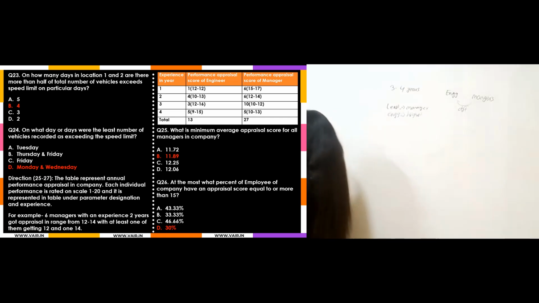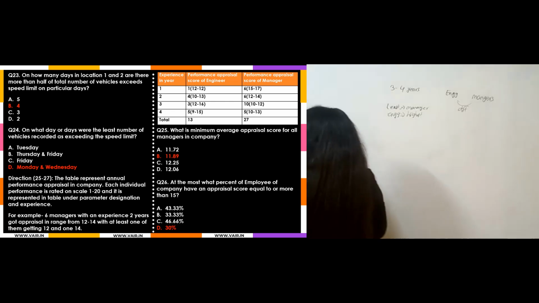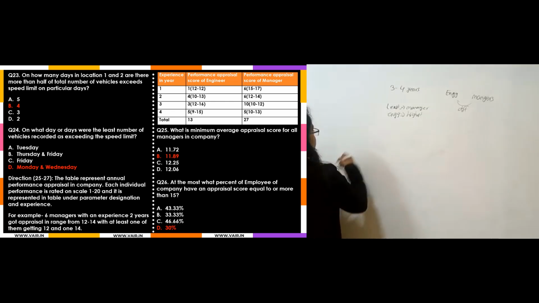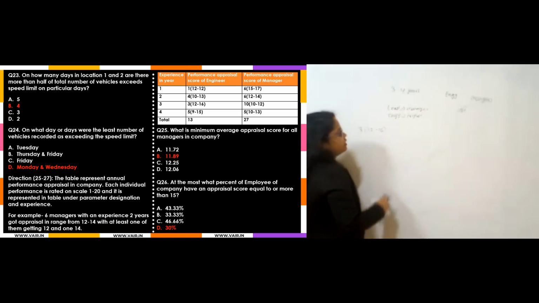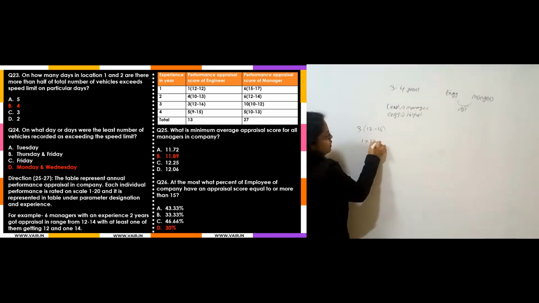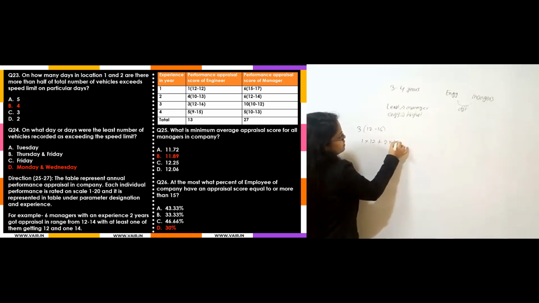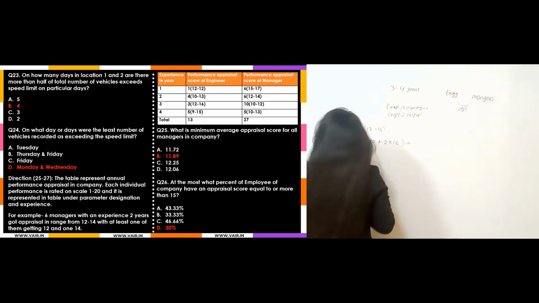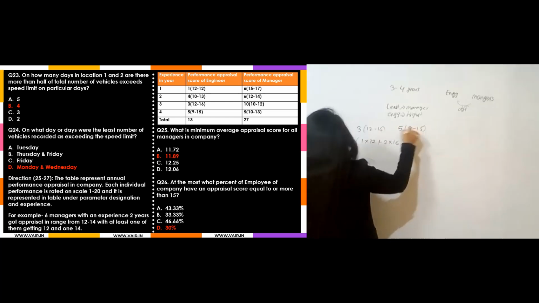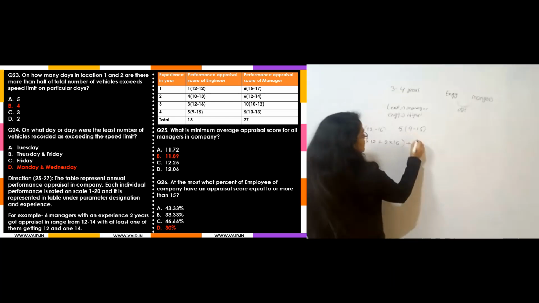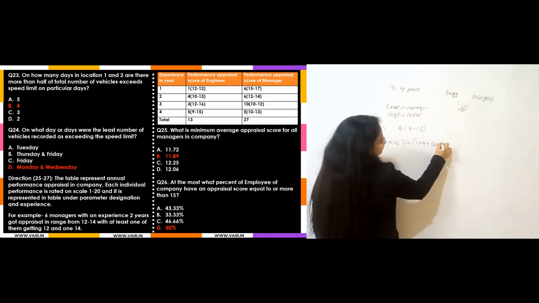So for the 3 and 4 years, you can see for the engineer, what is the average? For 3 years, it was 3, 12 and 16. I need a maximum for the engineer. That means one member gets 12 and the remaining 2 members get 16, plus for the 4 years, it was 5, 9 and 15. That means one member gets 9 and the other 4 members get 15.